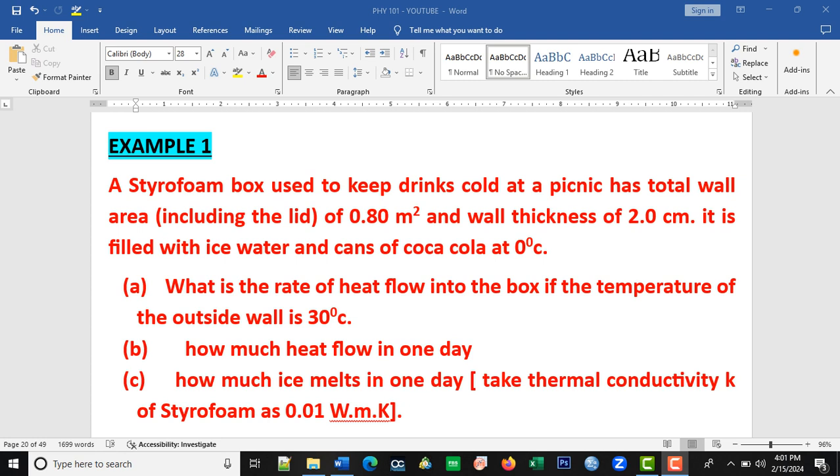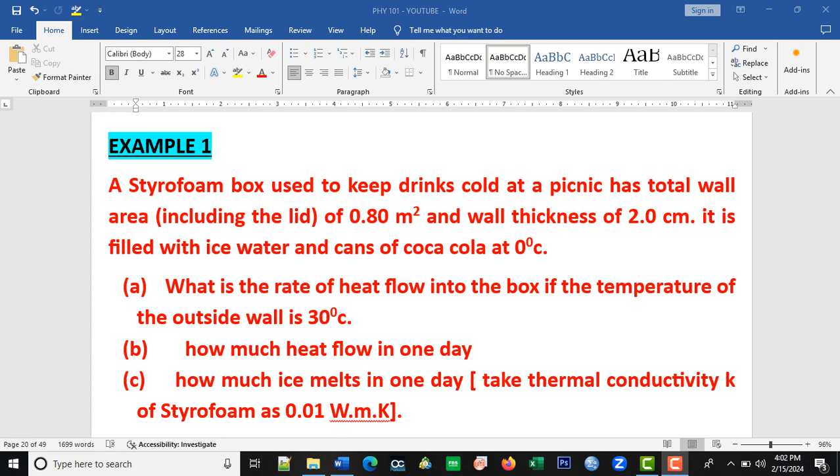Option A. What is the rate of heat flow into the box if the temperature of the outside wall is 30 degrees Celsius? B. How much heat flows in 1 day? C. How much ice melts in 1 day? Take thermal conductivity of the styrofoam to be 0.01 watt per meter per Kelvin.